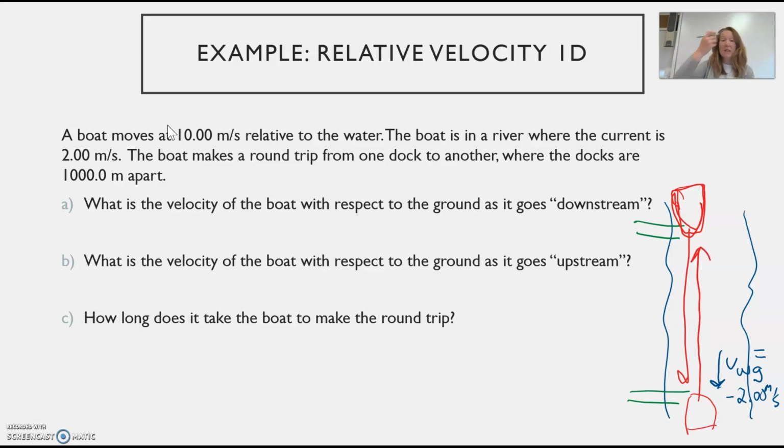That's its job. And the velocity of the boat with respect to the water is 10 meters per second.